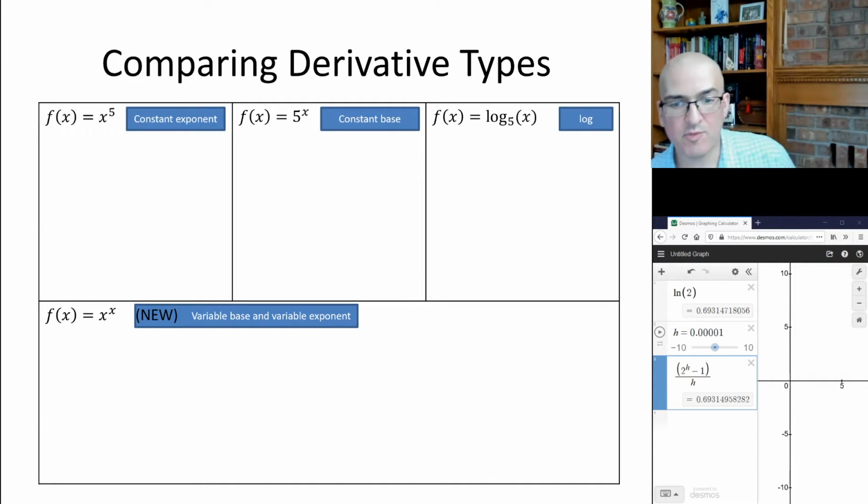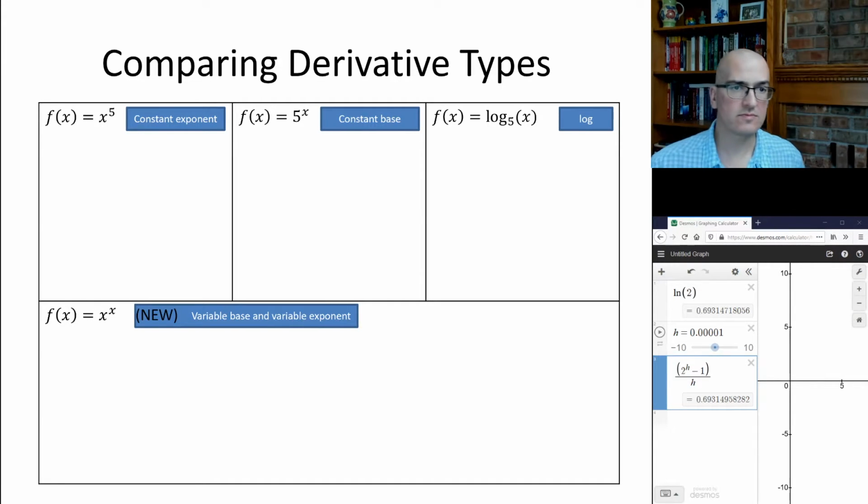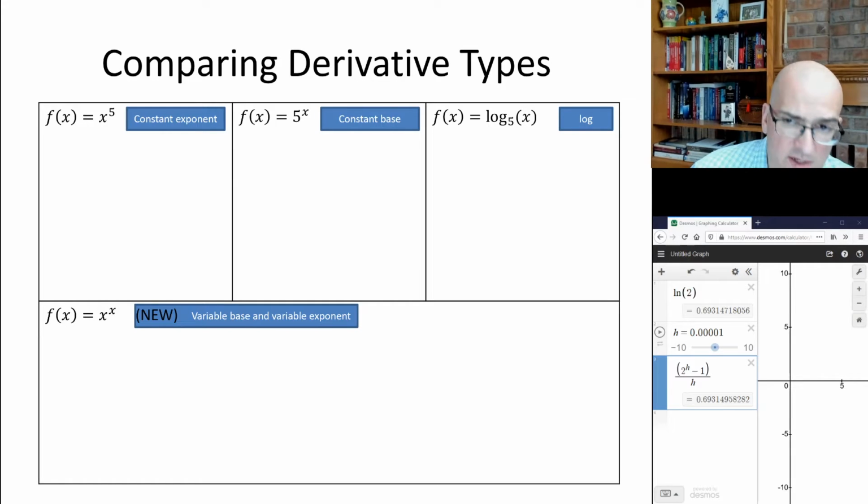So as a summary of sorts, we have a variety of different types of derivatives. So this is not a formula slide. This is just summarizing the types of derivatives that we've seen. In addition to these things, we have product rules and quotient rules and chain rules, but these are the rules for individual components.